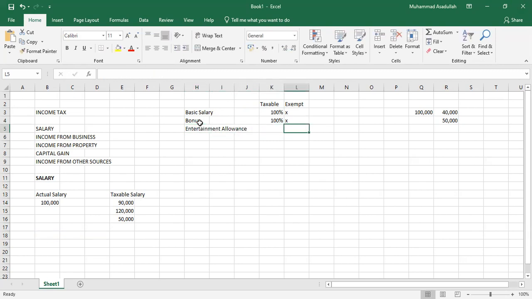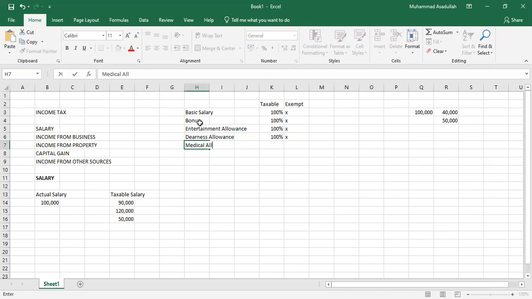Entertainment allowance is also 100% taxable and it is not exempt. Furthermore, there is a dearness allowance. It is also 100% taxable and it is not exempted.